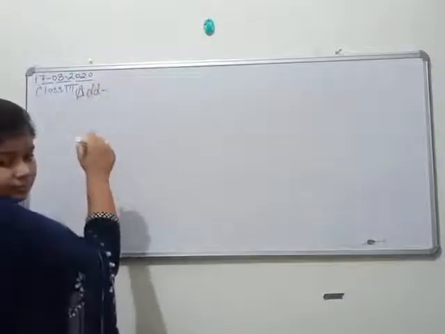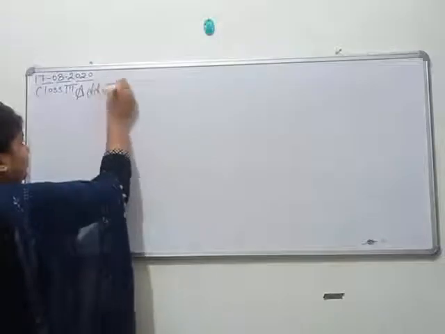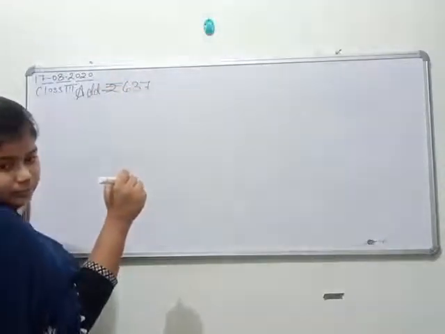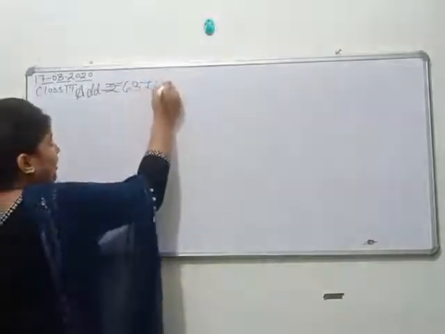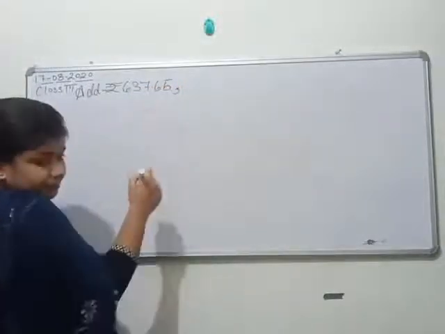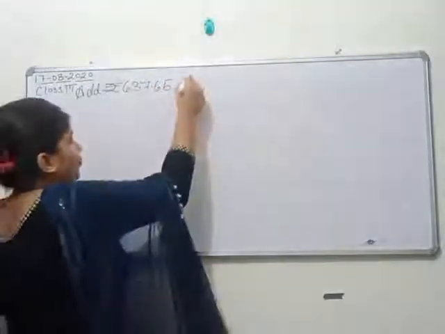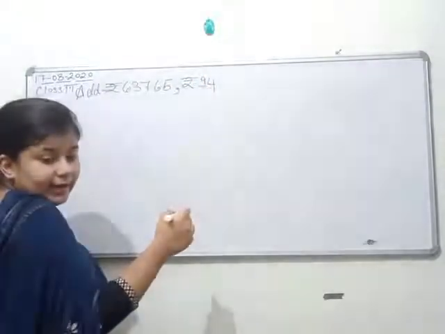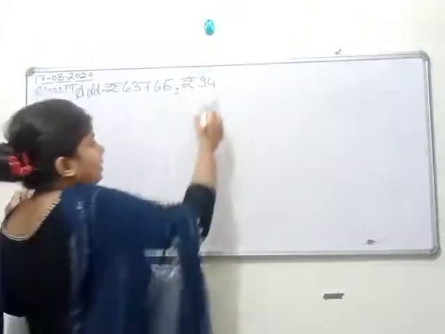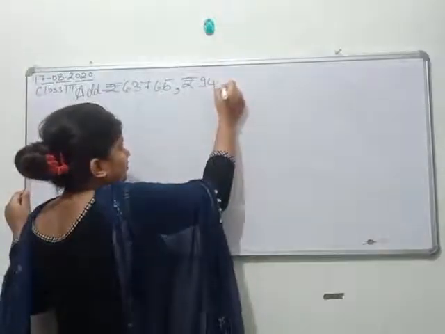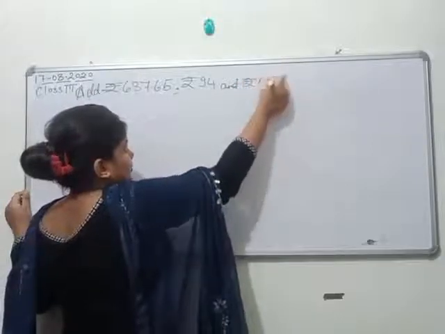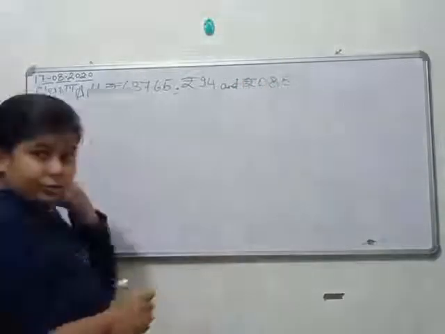Add 637.65, 94 rupees and 0 rupees 85 paise. Okay, so this is the question.